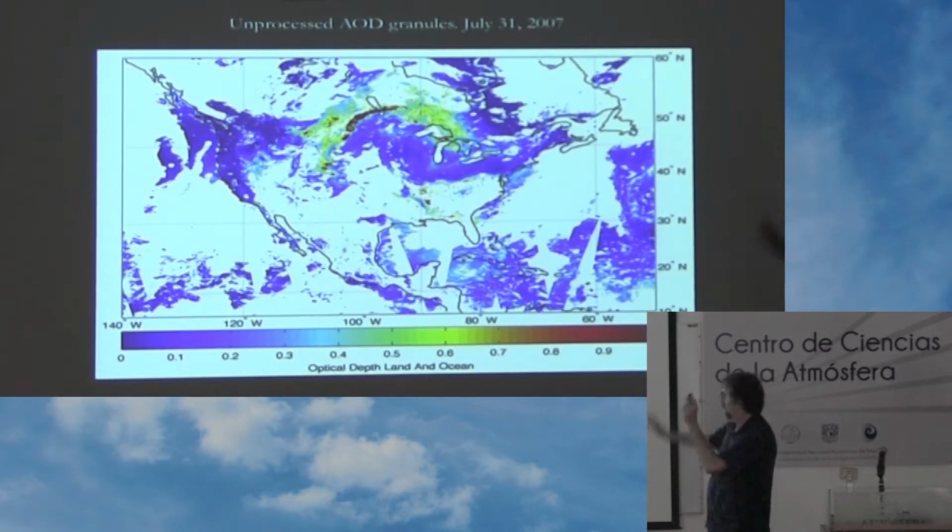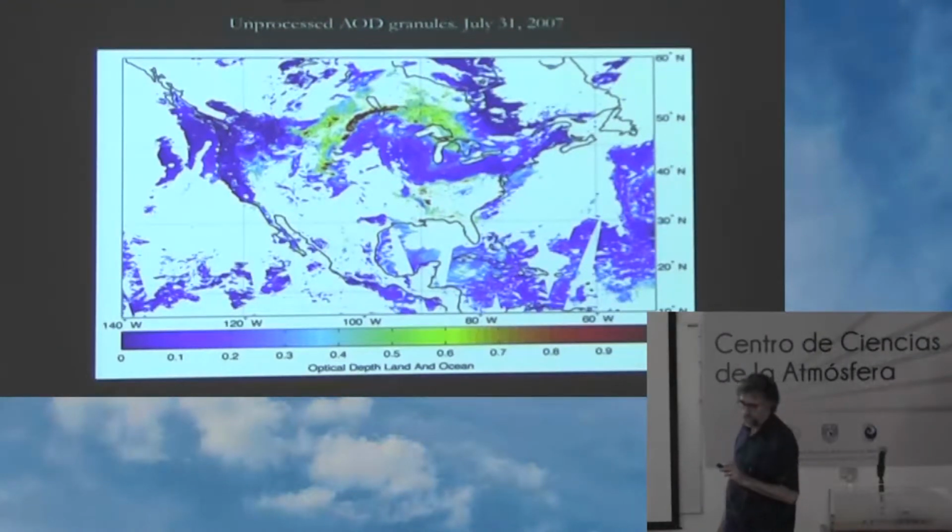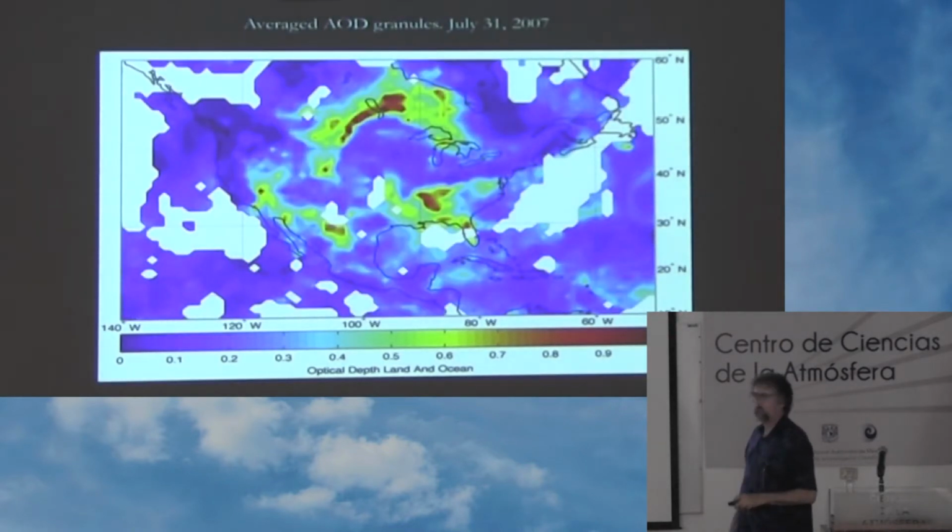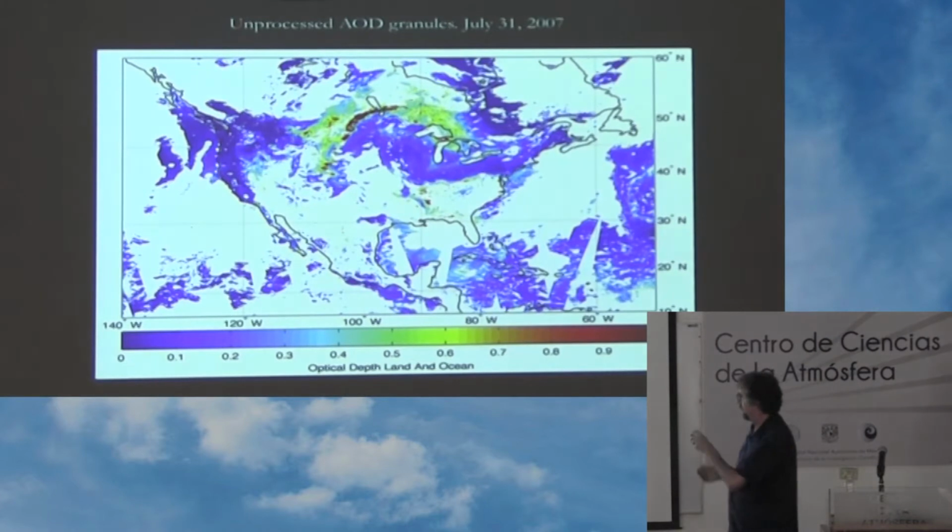So here is an aerosol optical depth field for one particular day. You see all the areas with missing data because of clouds. Once we fill in the gaps, it looks like this. Now the original has some features like a forest fire, plume from the forest fire. I think this was the same picture that I showed you before.